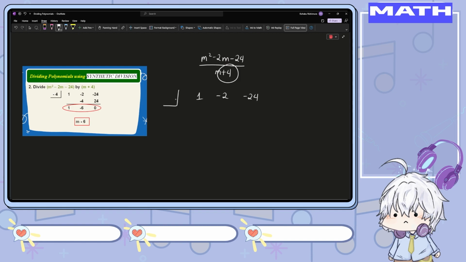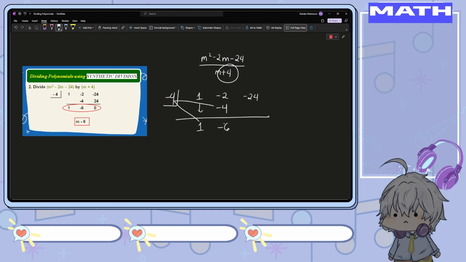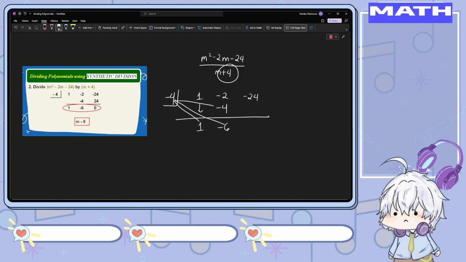The opposite of positive 4 is negative 4. First step, draw the bar, drop the first one, we will have 1. 1 times negative 4 is negative 4, and we write that here. Negative 4 plus negative 2 is negative 6. Repeat the step. Negative 6 times negative 4 is positive 24, and negative 24 plus positive 24 is 0.